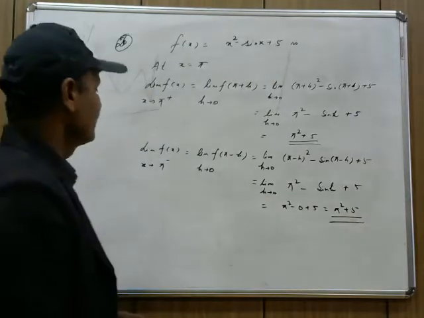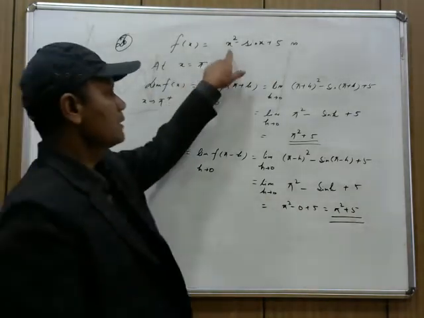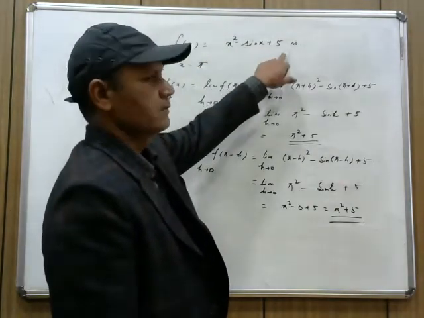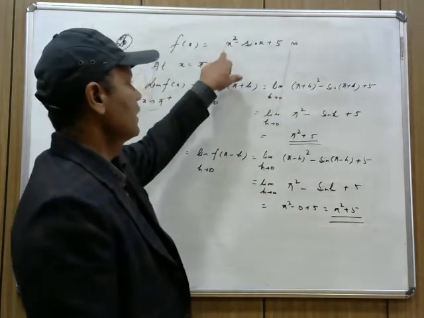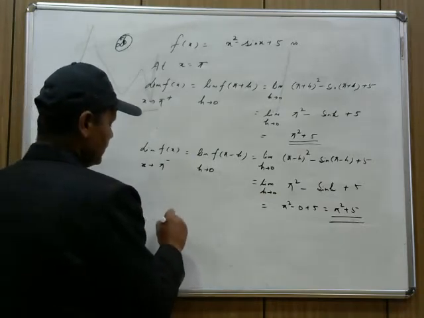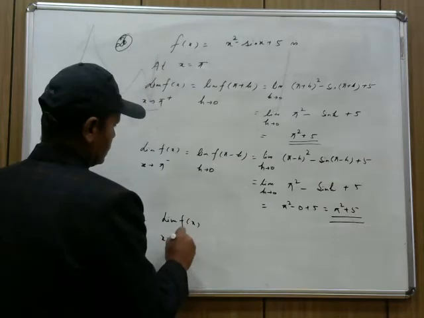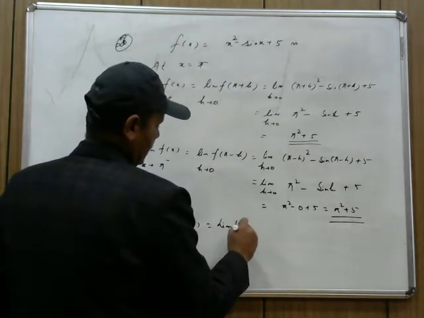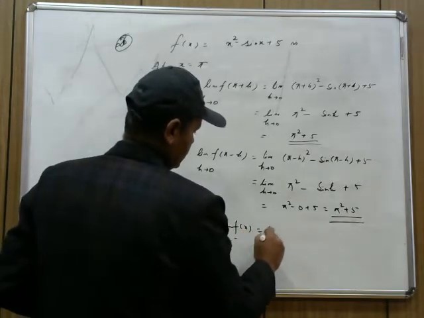And if I put the value of x is equal to pi, f of pi will also be how much? Pi square minus sine pi plus 5. Sine pi, that is sine 180, that is 0, right? And therefore I'll get pi square plus 5. And therefore limit f of x as x tends to pi plus is equal to limit f of x as x tends to pi minus is equal to f of pi.